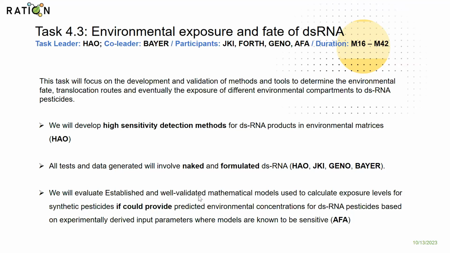We will also evaluate the established and validated mathematical models used to calculate exposure levels for synthetic pesticides, to see if they could provide predicted environmental concentrations for double-strand RNA pesticide based on experimentally derived input parameters where models are known to be sensitive.